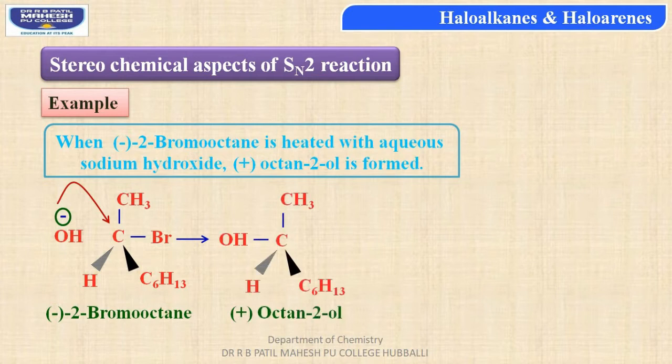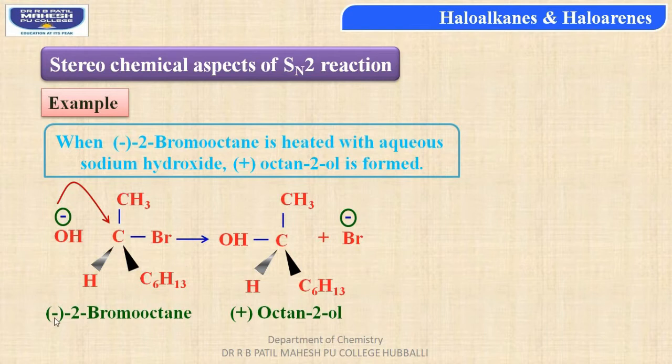So this is an example of SN2 reaction, students, but we are getting an alcohol with the configuration (+)-octan-2-ol. So in this reaction, inversion of the configuration has resulted.